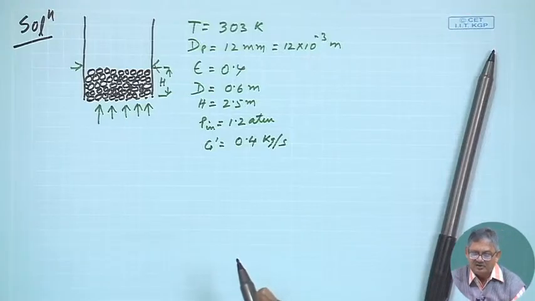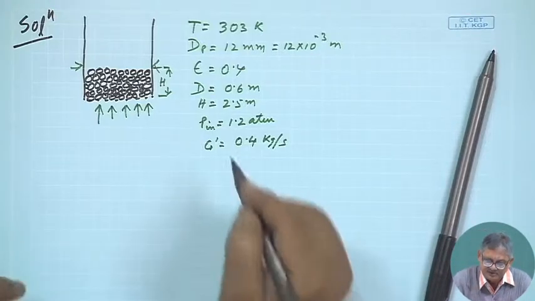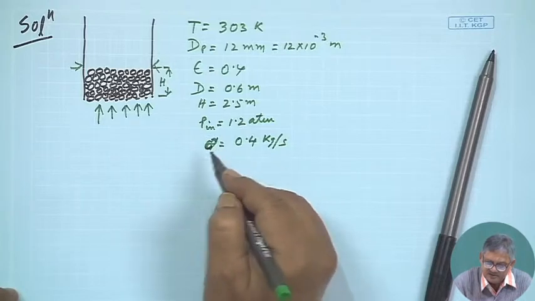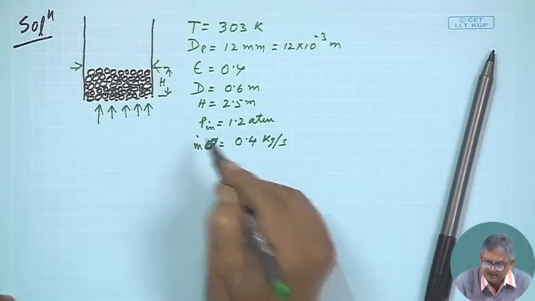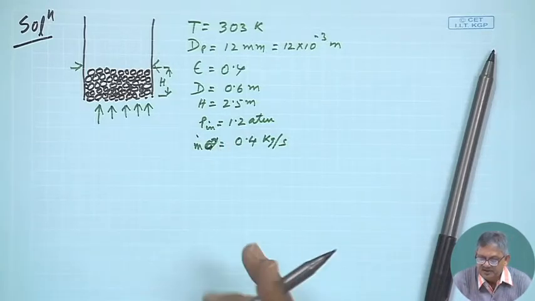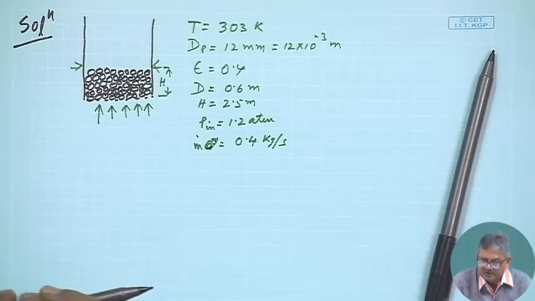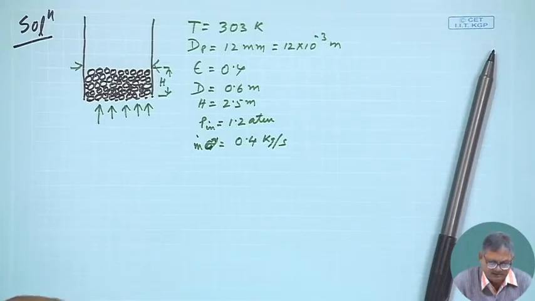Not mass velocity, we can say this to be the mass flow rate, m dot, 0.4 kg per second.